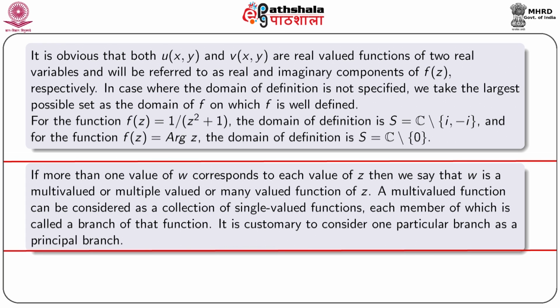A multi-valued function can be considered as a collection of single valued functions, each member of which is called a branch of that function. So, obviously, every branch is a single valued function. It is customary to consider one particular branch as a principal branch.